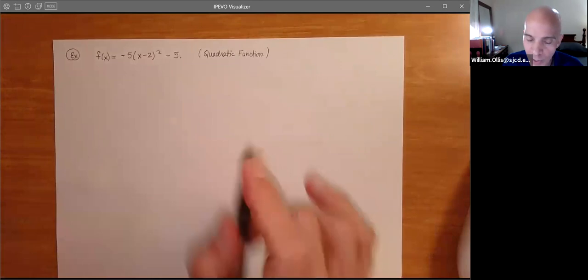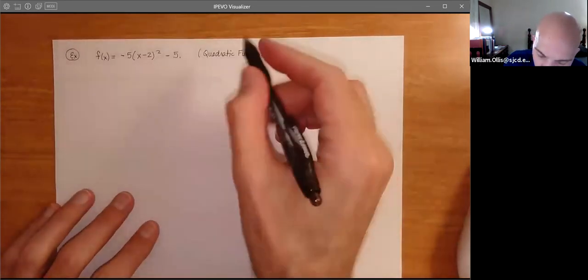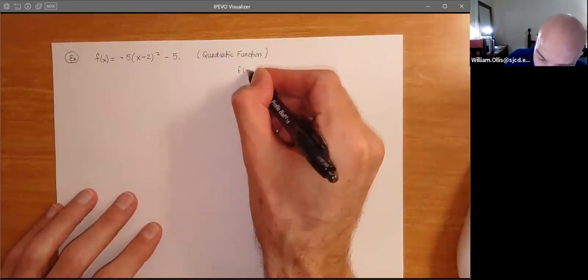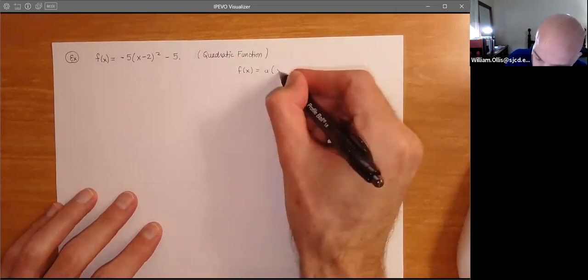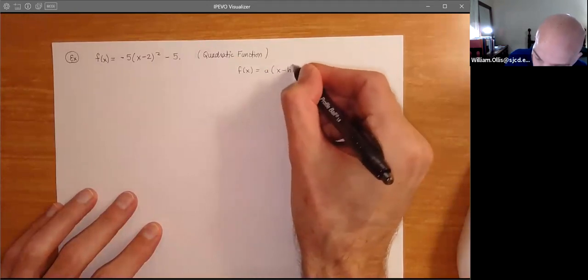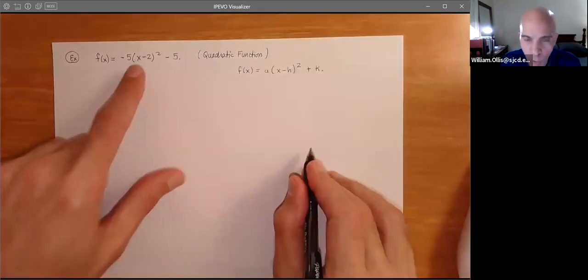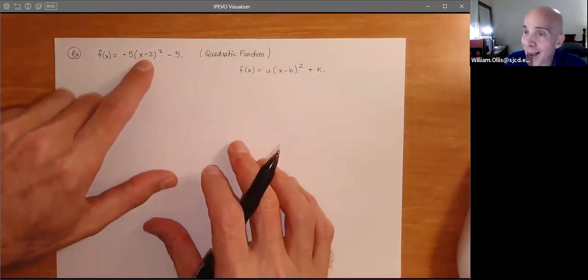So now, when you look at this, you're thinking, well, Professor Ron, that's the standard form number 2. And so let's go ahead and remind us what that looked like. f of x equals a times x minus h, quantity squared, plus k. One thing that's really important, we always need the minus here.